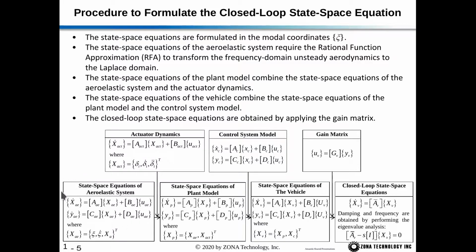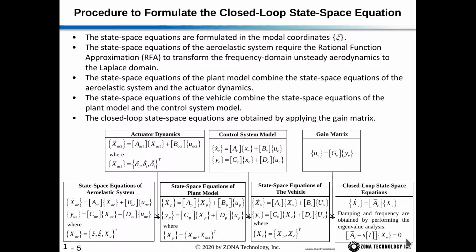So we start out here with the state space equations of the aeroelastic system. We add on the actuator dynamics, which gives the state space equations of the plant model. Now the plant model can be combined with the control system model, which gives the vehicle model. And then finally with the vehicle model, we can apply the gain matrix, which yields the closed loop state space equations.